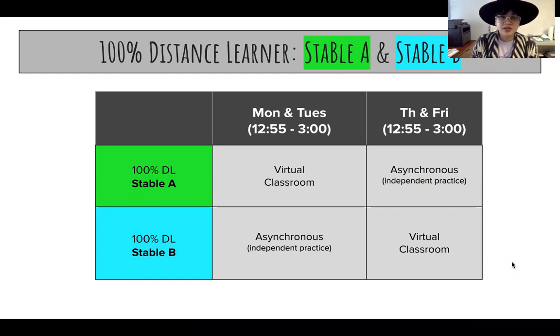So we have 100% distance learners. However, we have two groups. We had to separate the students into two groups. And the groups are called Stable A and Stable B. So if you are a 100% distance learner, Stable A student, that means that on Monday and Tuesday, you are logging on to your assigned virtual classroom from 12:55 to 3 o'clock.